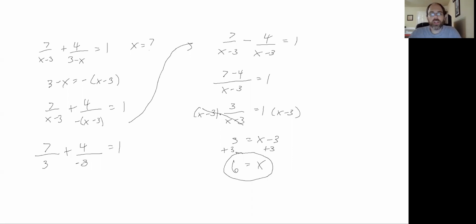Now, once again, this negative at any point in the fraction can be factored out, so this really becomes 7/3 minus 4/3. 7 of them minus 4 of them is 3 of them. So I have 3/3, and 3 divided by 3 is indeed equal to 1. So we're correct. Starting to make a little more sense how we utilize some of these techniques.